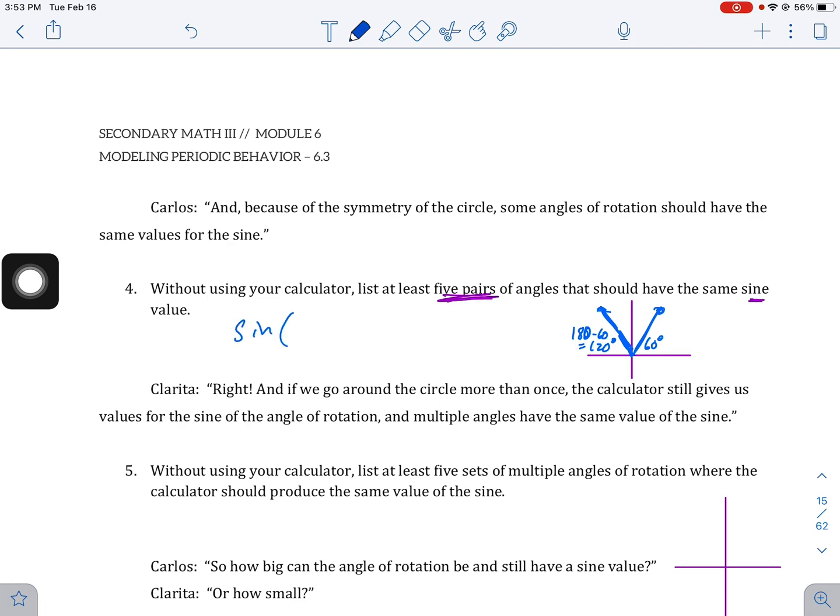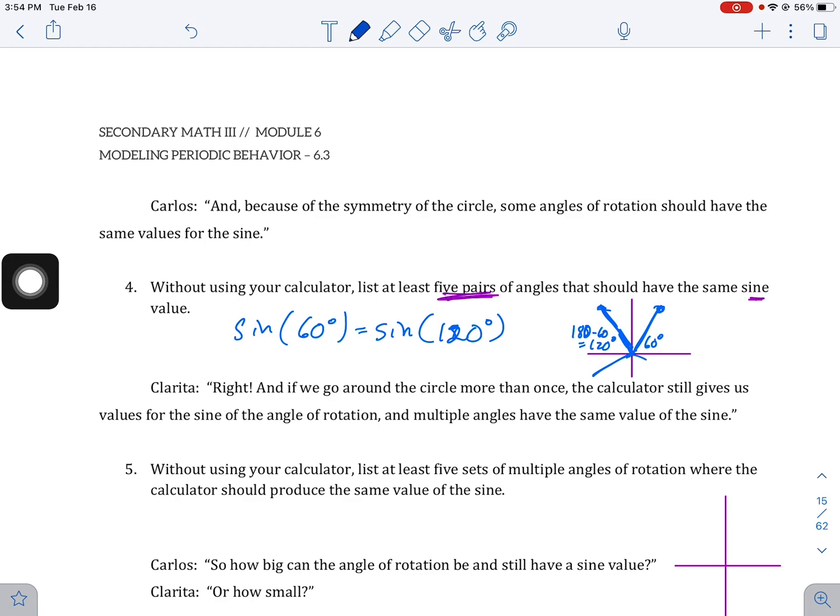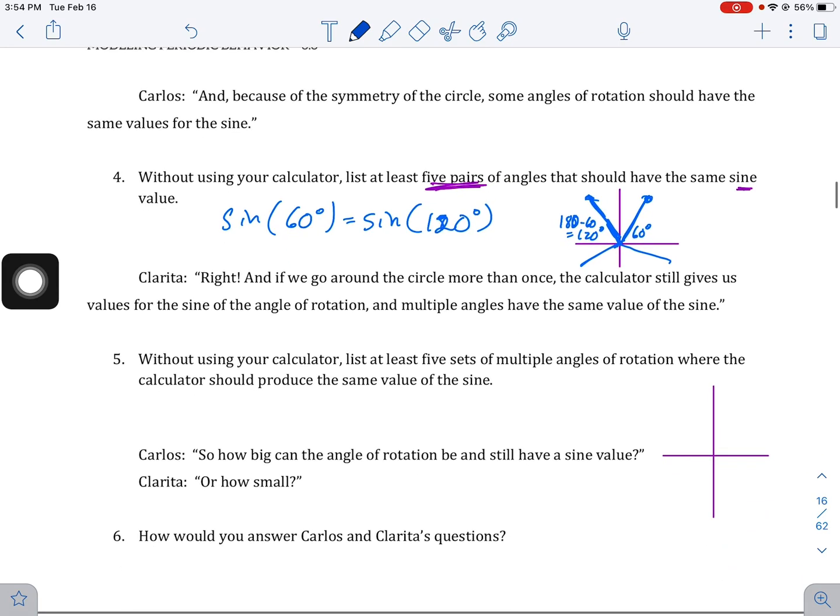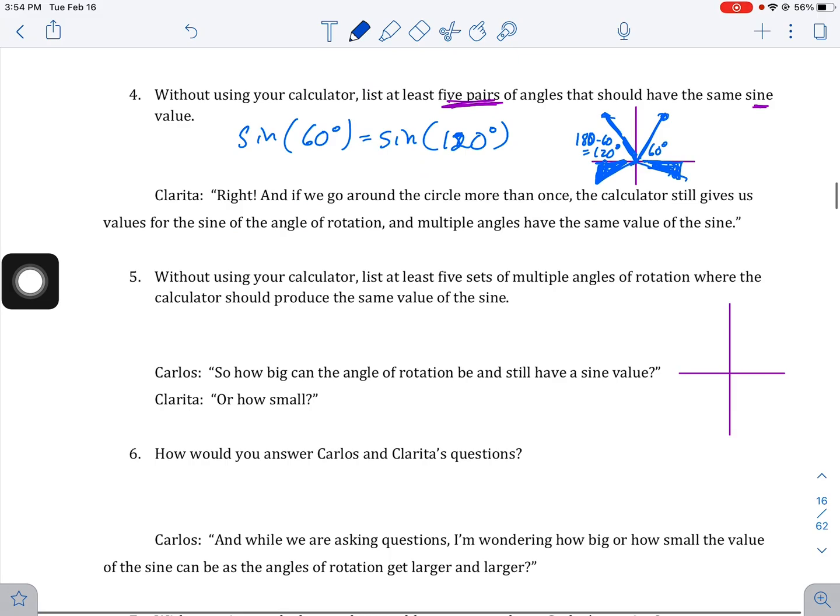So we can say that the sine of 60 equals the sine of 120 degrees. Same thing would be true if we used the symmetry for quadrant 3 and quadrant 4. Those would be negative values, but if this triangle right here, which is the reference triangle, is the same as this triangle, which is also a reference triangle, then we can say that their sine values are the same.